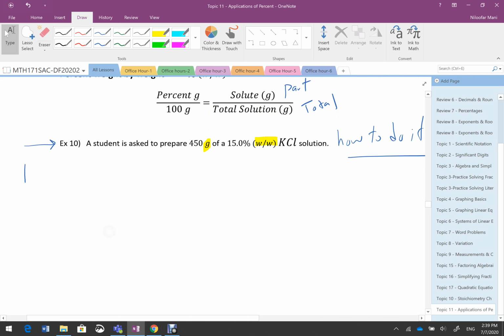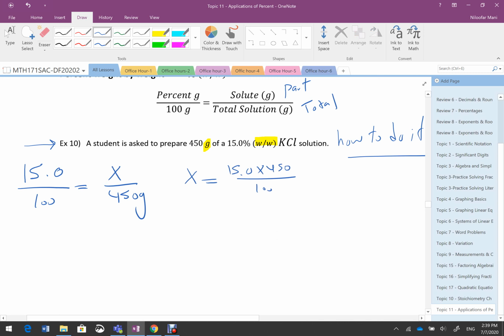Okay, so it is 15% over 100 equals X over 450, because that is just missing. Okay, so X is 15 multiplied by 450 divided by 100, which is 67.5 gram KCl.